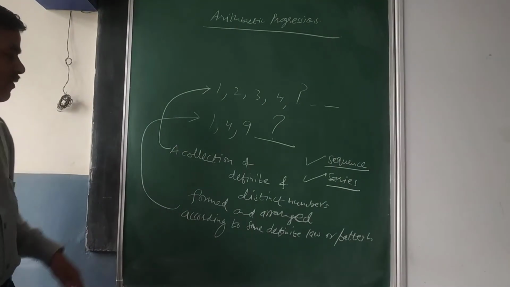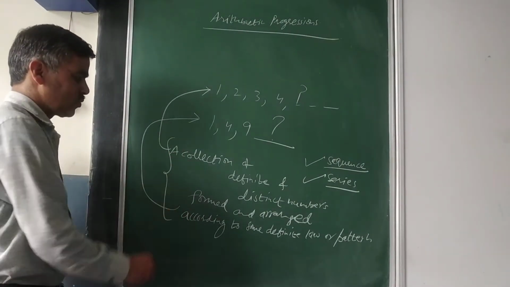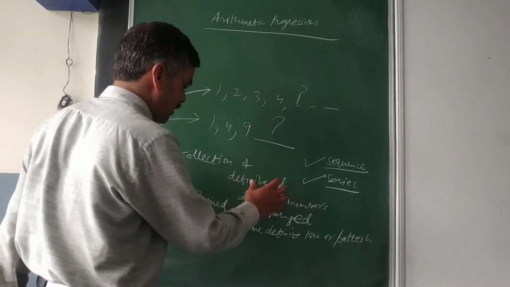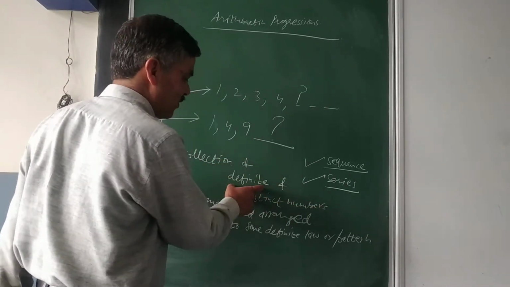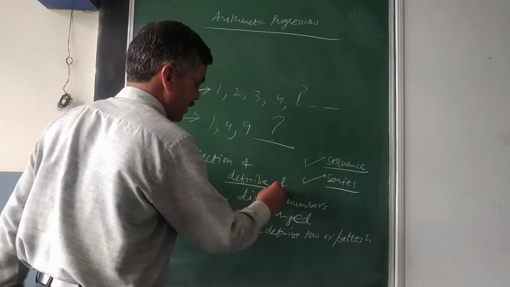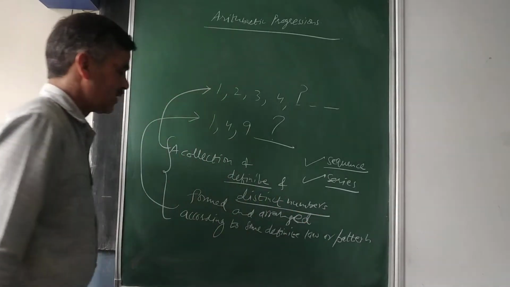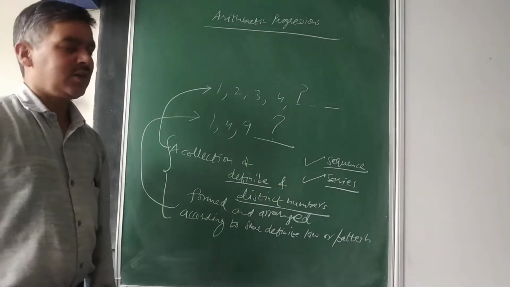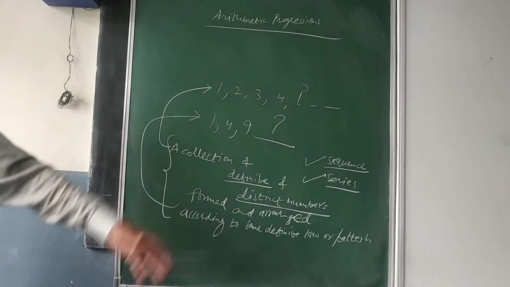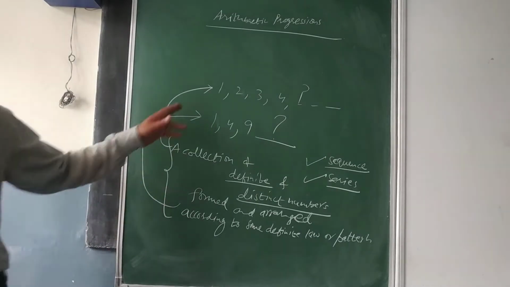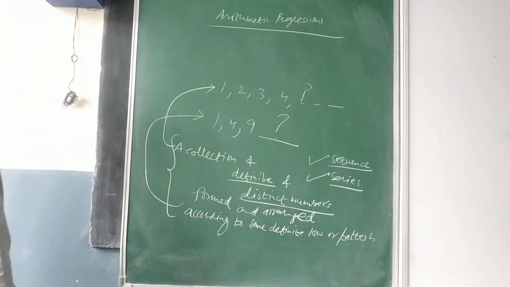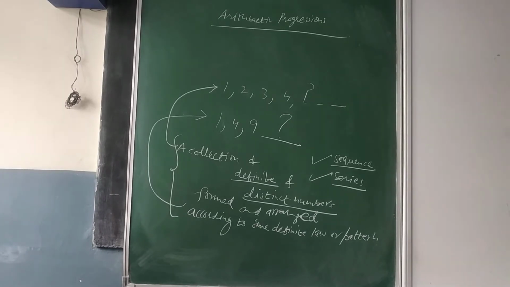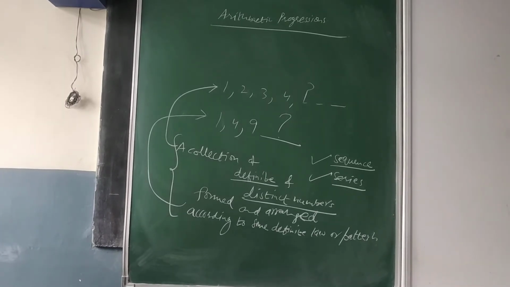So from the definition point of view, a sequence is a collection of definite and distinct numbers formed and arranged according to some definite law or pattern. That is called a sequence, and all the numbers we have arranged or written according to that law are called the terms of that sequence.